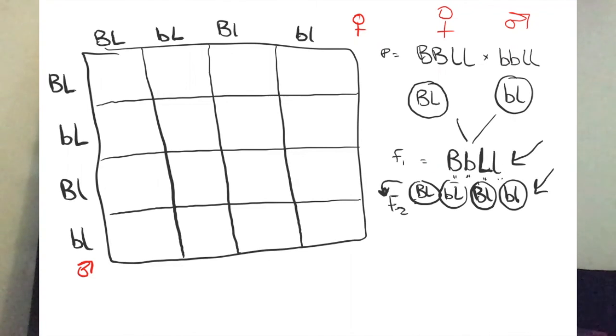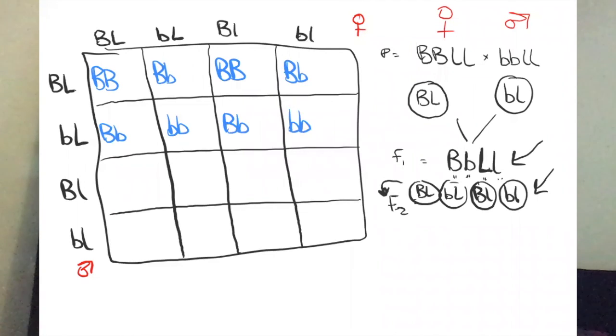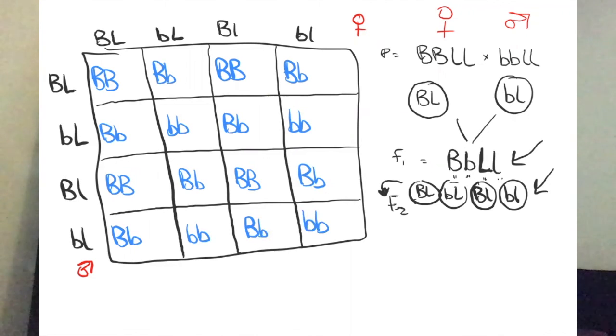And now we want to cross them and see what the outcomes are. I'm going to do the B's first because for me it's easier to cross one letter at a time. It's up to you, you can do it however you want, but for me that's easier. I've done my B's, and now I'm going to do the L's.